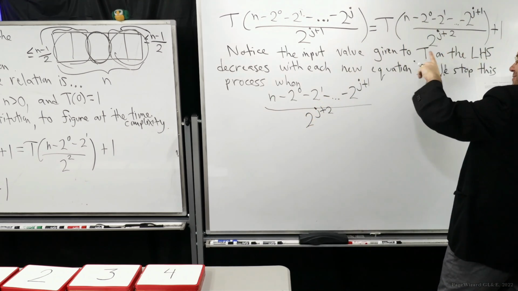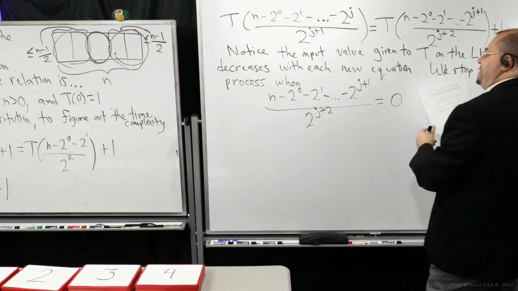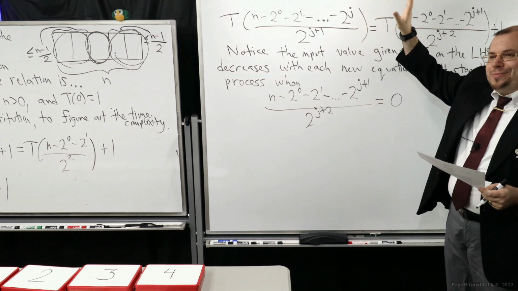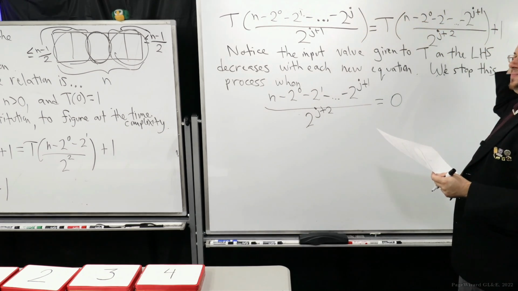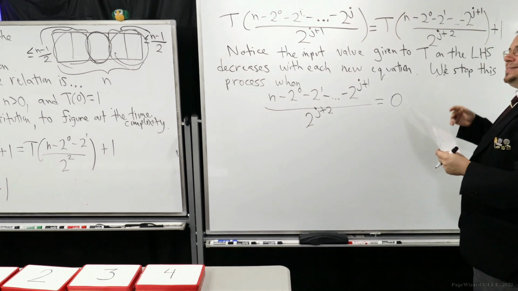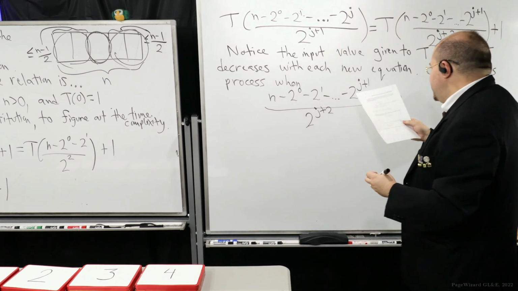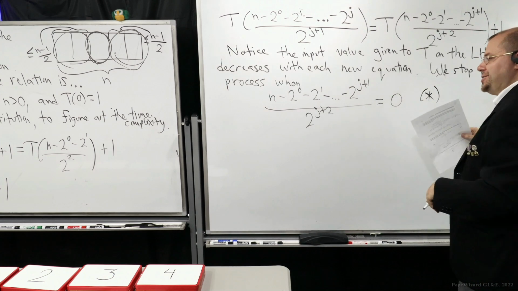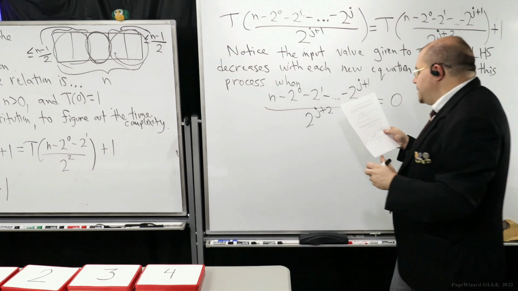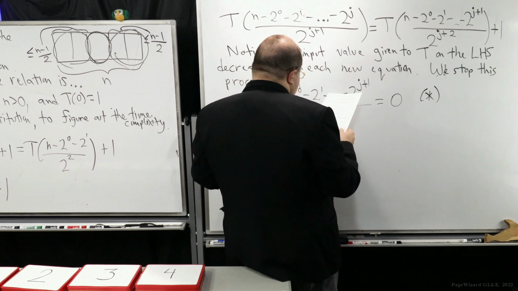So notice I'm looking at the right-hand side right now. I want when this is equal to 0, because then whatever this would be is T of 0 plus 1. And that would cease the recursive part. So I'm going to put a star right here because this is going to be a very helpful equation for us. Then, now I'm going to take into consideration how many equations I wrote down.